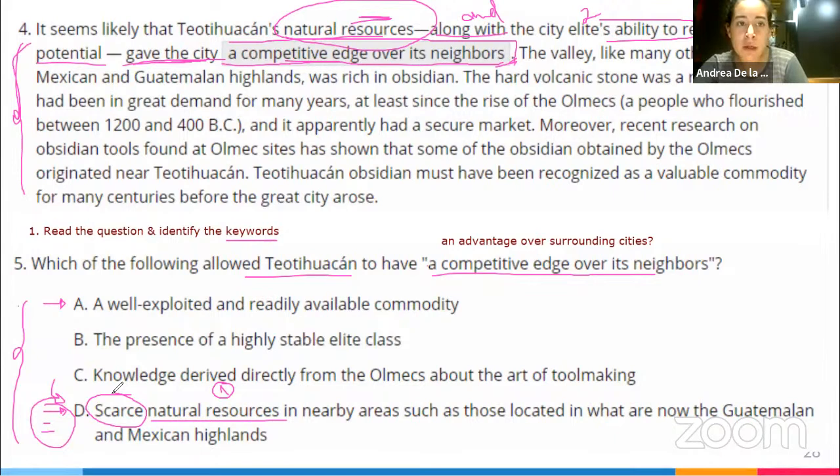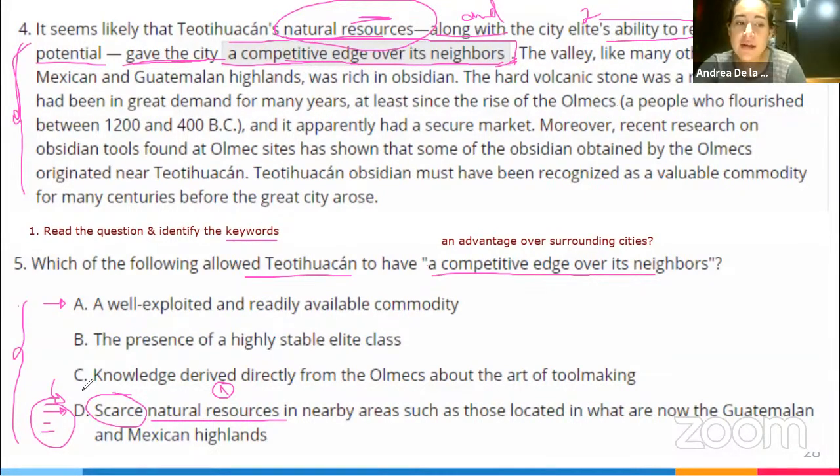Yes. Where in the paragraph do we have that? Were they really scarce? No, teacher, the opposite. Exactly.